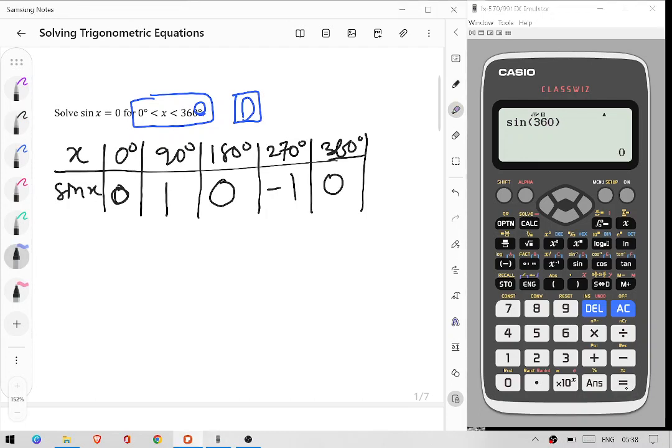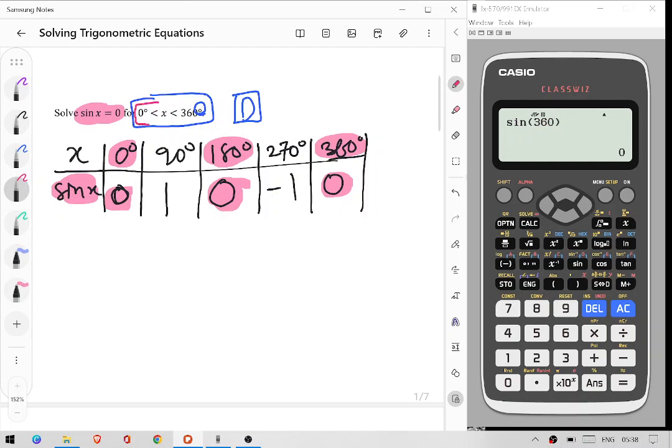As we can see here, we want sine x equals 0. So where is sine x equals 0? Over here, and over here. Now what is the value of x when sine x is 0? x is 0 degree, 180, and 360. But we have to look at the interval.